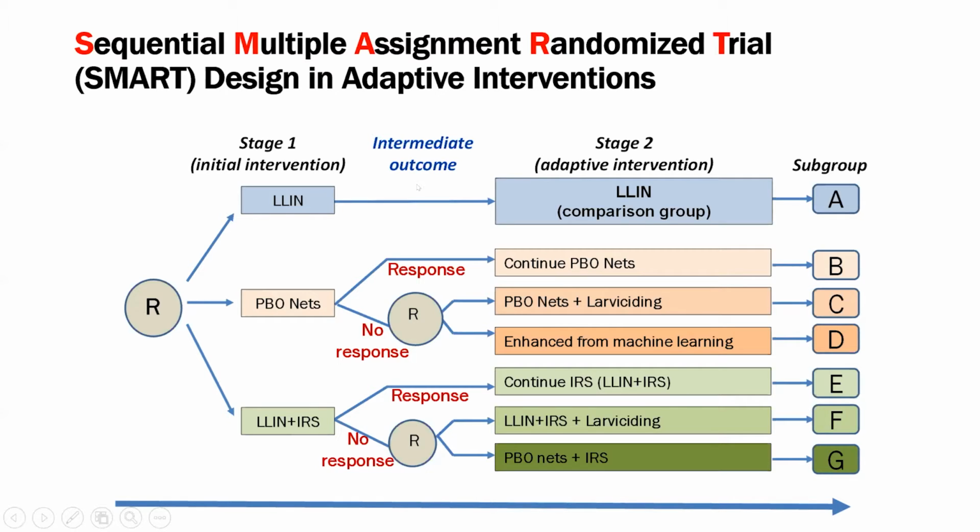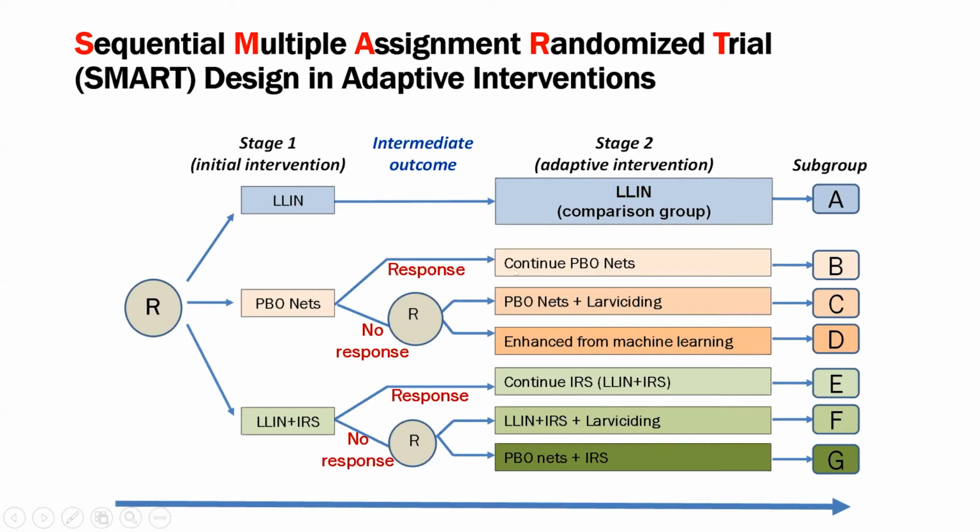So we do monitoring and evaluation, in which we have set a threshold of a relative reduction of 20%, below which we record those clusters as non-responsive, and those that respond are the ones that go beyond the 20% relative reduction in comparison with the LLIN group.